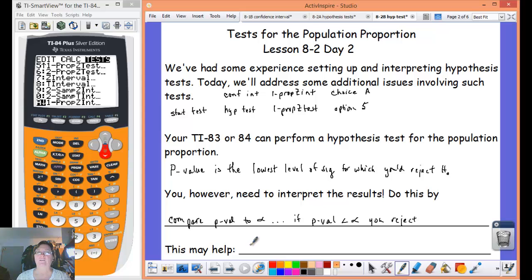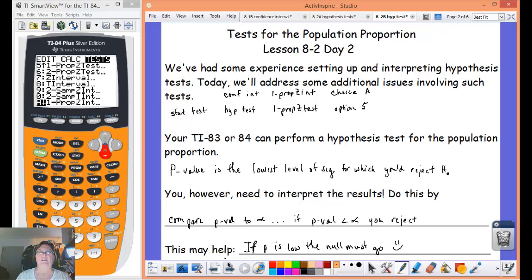If the p is low, the null must go. They probably should make it not quite so poetic and say if the p-value, but they say if p is low, the null must go. And you know, I like a little memory gimmick every once in a while. This is a good one for me.